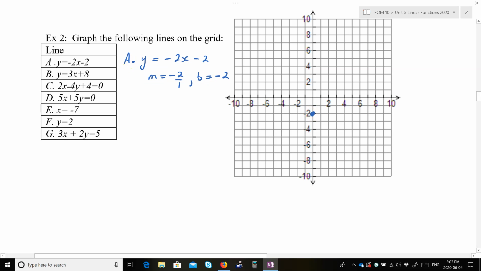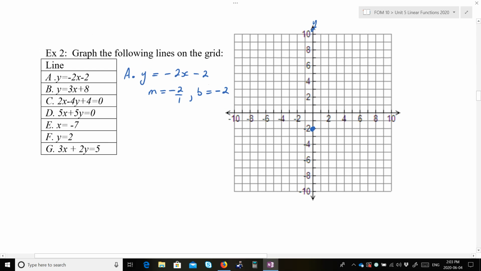Okay, so the line starts here, touches the y-axis at -2, and then the slope is rise over run. We have to rise -2 and run 1, so that's down 2, 1 to the right, down 2, 1 to the right. And going back the other way, it's up 2, 1 left, up 2, 1 left.